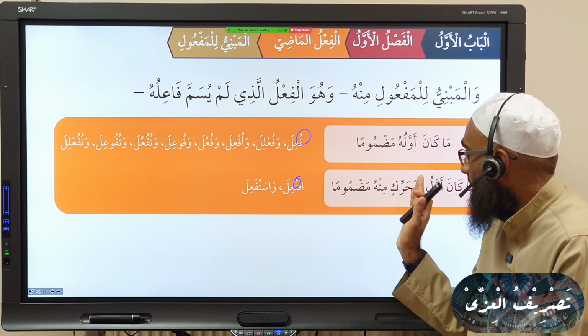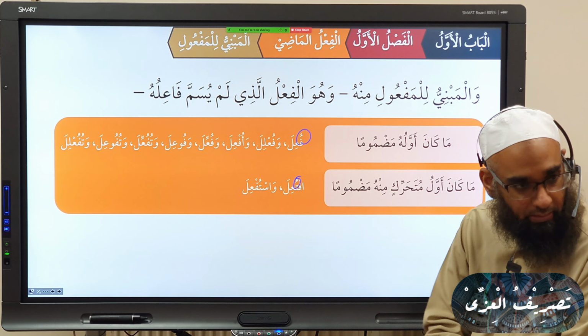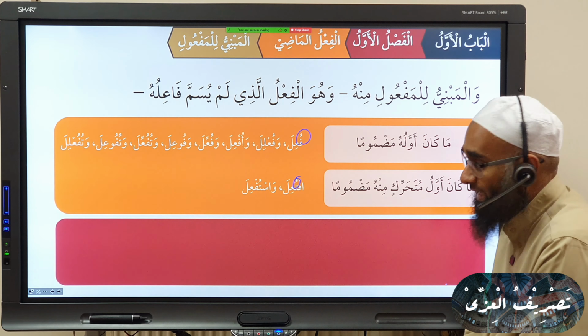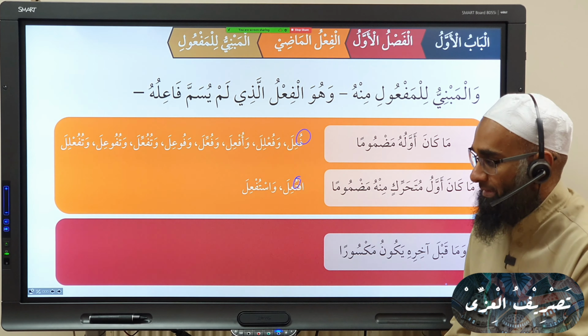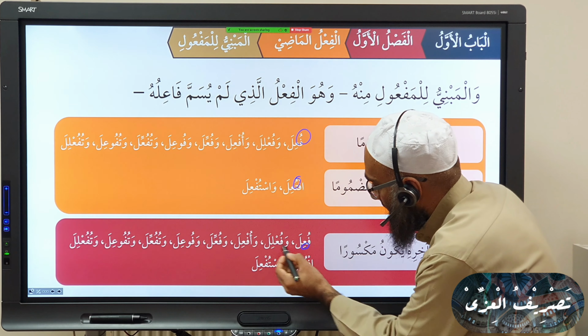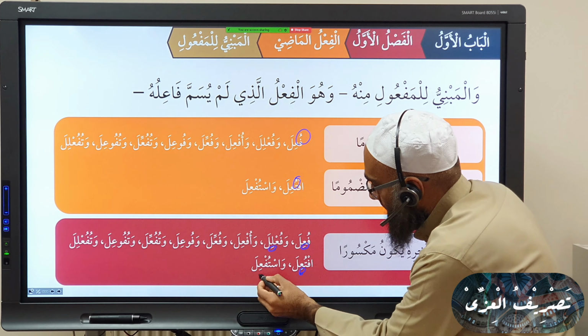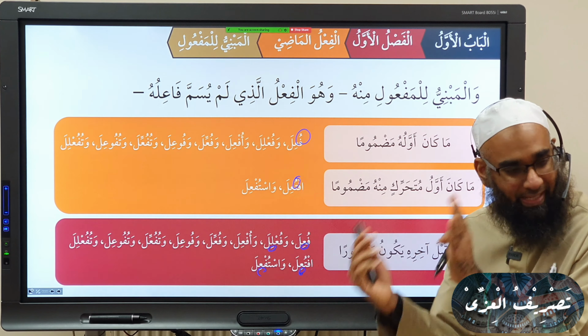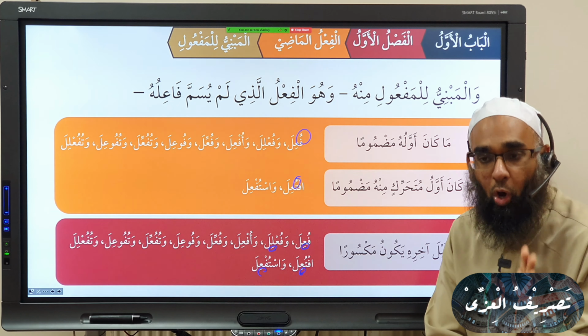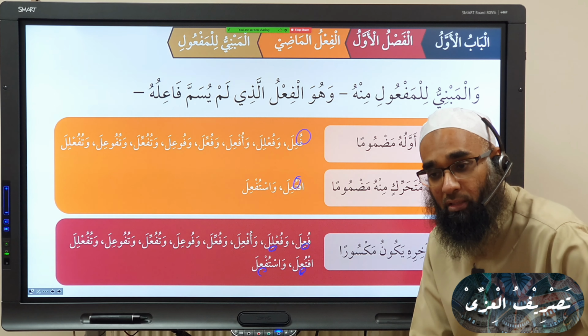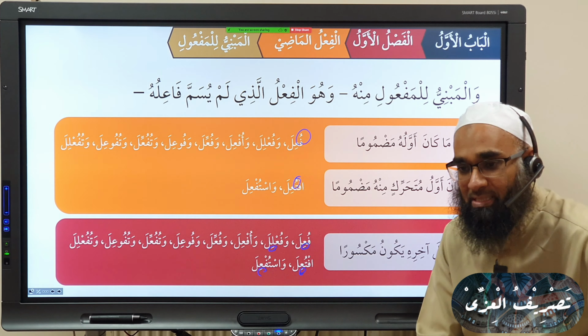Okay? So either the first letter is mutaharrik, or the first letter is madhmum, or the first mutaharrik is madhmum. Understood? And at the end, وَمَا قَبْلَ آخِرِهِ يَكُونُ مَكْسُورٌ أَبَدًا. The second last letter is going to be kasra, whichever bab. So two rules, one rule at the beginning and one rule at the end. What's the rule at the beginning? The first letter or the first mutaharrik must have what? Dhamma. And the second last letter must have what?